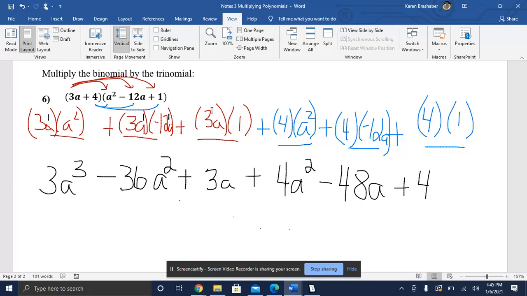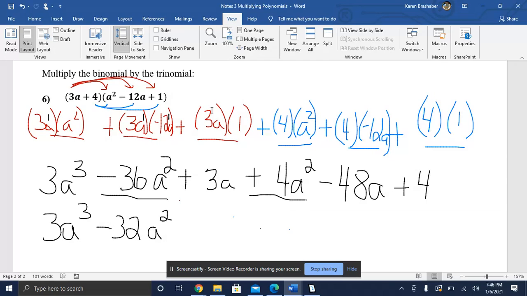So as you look back at the answer, we want to see, are there like terms? For the 3a to the third, no like terms, so that will drop down in the answer. But negative 36a to the second can combine with positive 4a to the second. So we'll add the numbers, the coefficients. That would be negative 32a to the second.